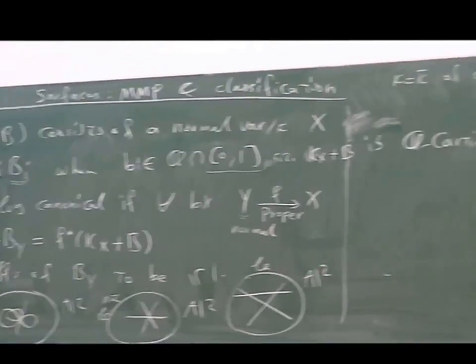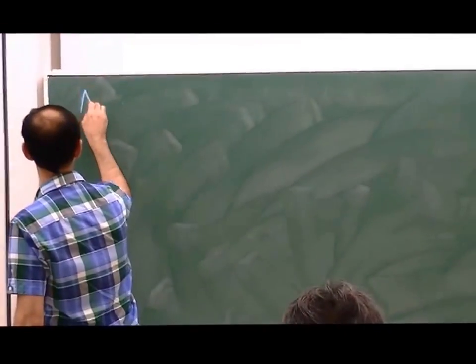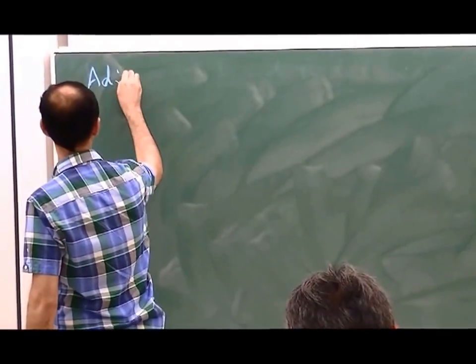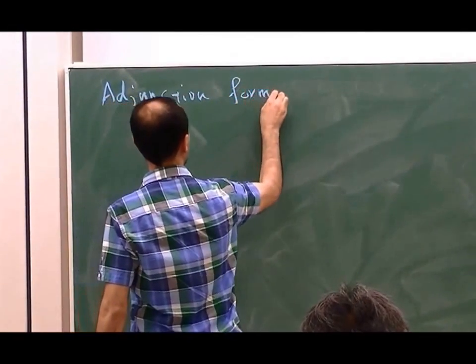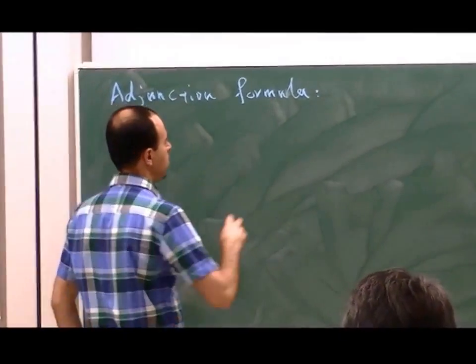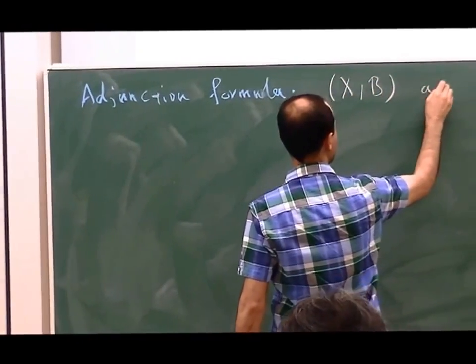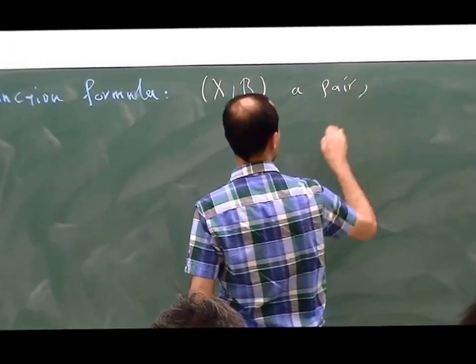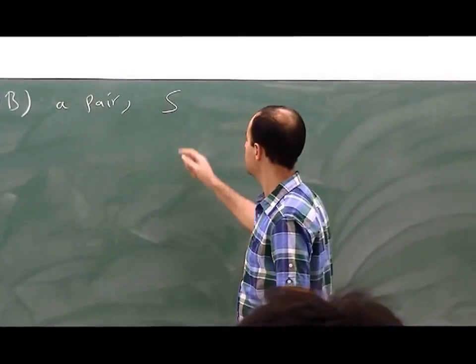So I'll tell you now why pairs are important than just varieties. And this formula should make it quite clear. So called adjunction formula. Now suppose that we have (X, B) is a pair, and suppose that S is a prime divisor.